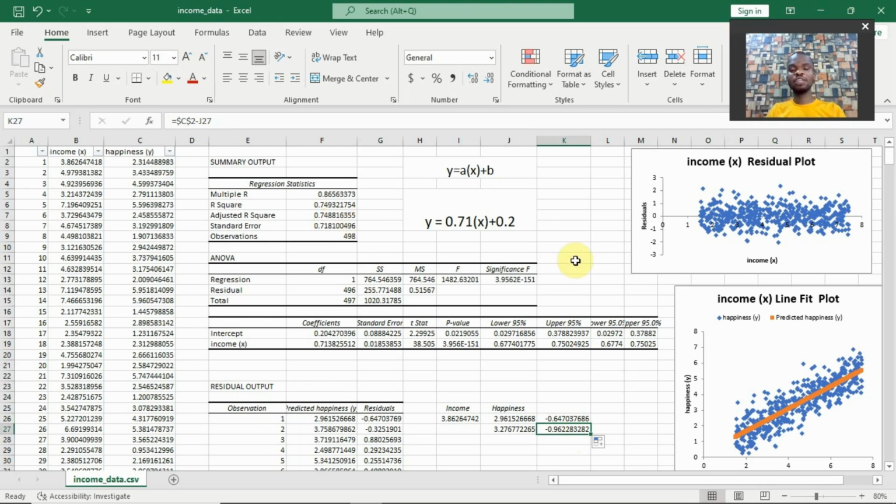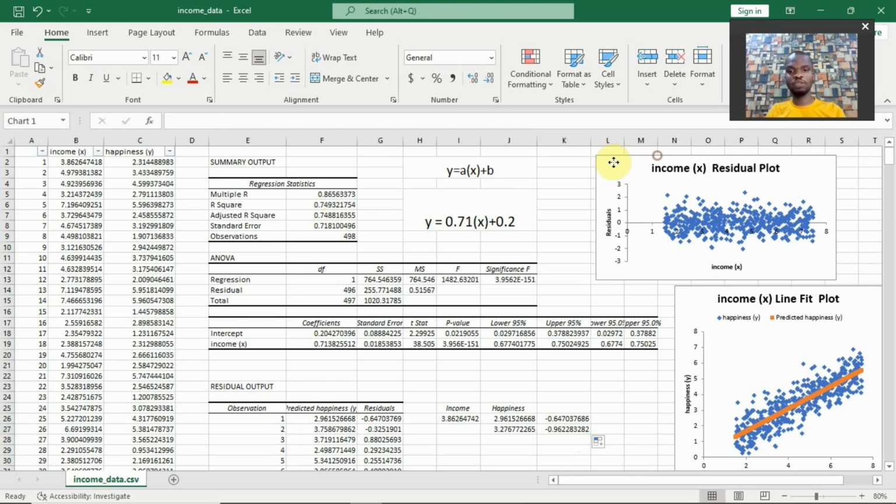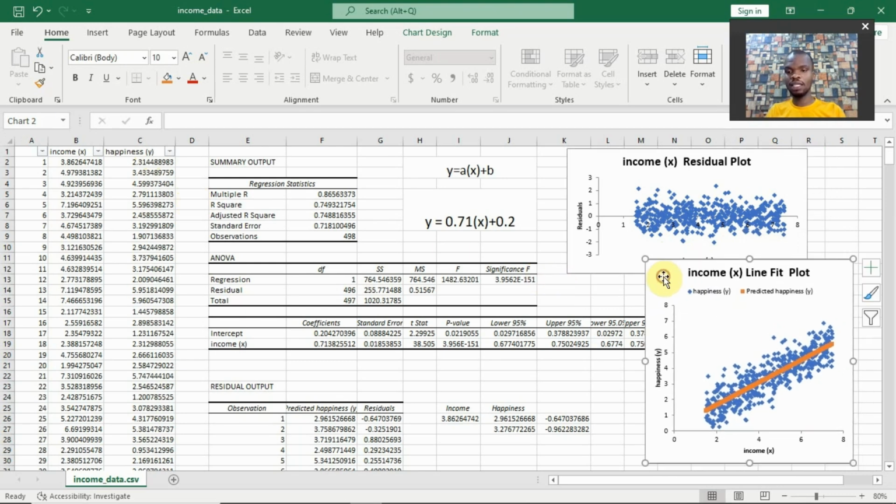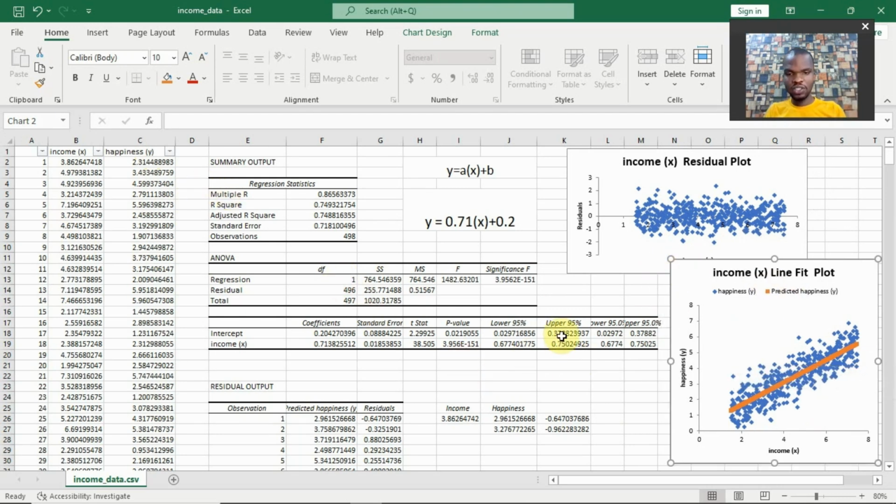Okay, so at the end of your regression model, this line has told you that there's a linear relationship between your income and your happiness. Okay, that they are more linearly related, and then you've been able to develop a model that can predict new values of happiness within these upper and lower ranges.